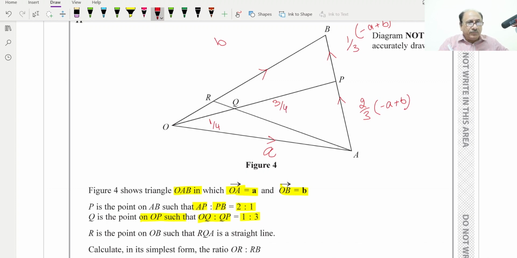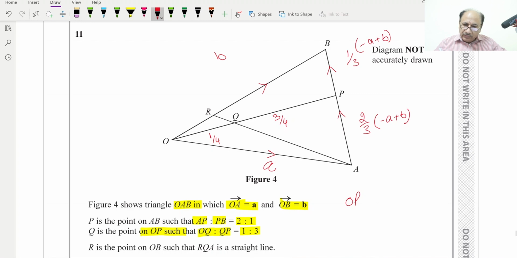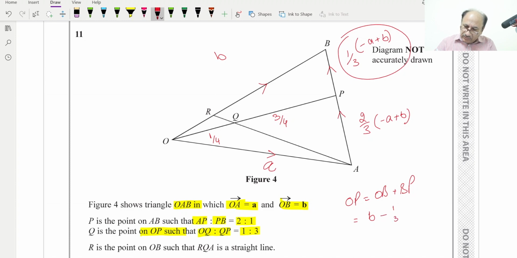And if we find OP, OP will be what? We can write OP as OB plus BP in this direction, and OB is b, and BP will be the negative of this one, so minus 1 by 3 of minus a plus b.